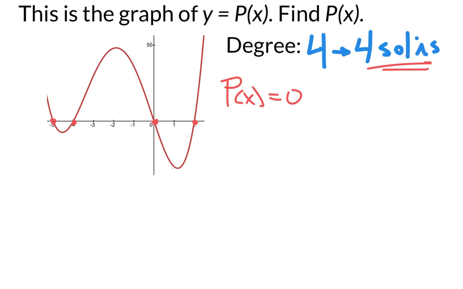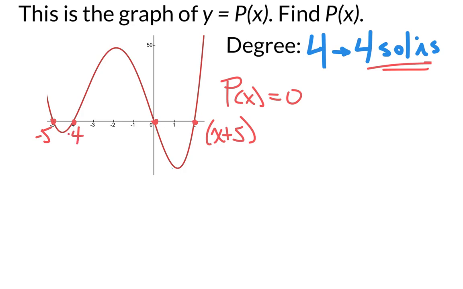Now, knowing what those x-intercepts are, that means we know what their factors are. So if negative 5 over here is an x-intercept of p of x, that means that x plus 5 is one of the factors of p of x.